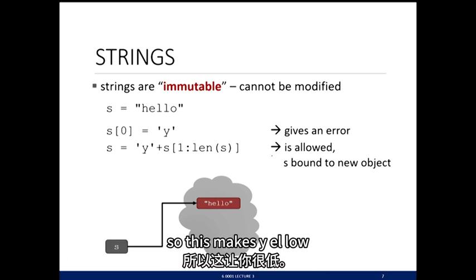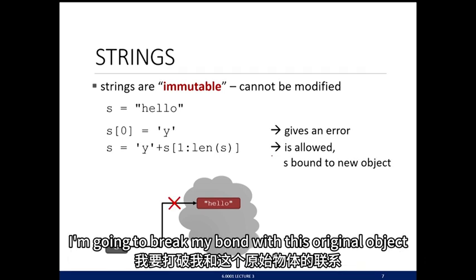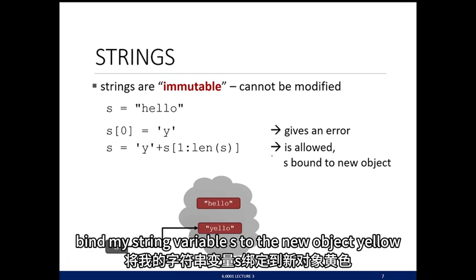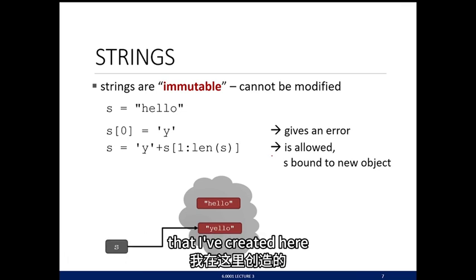So this makes yello. Now internally what happens when I write this line is Python says, okay, I'm going to break my bond with this original object hello. I'm going to bind my string variable s to the new object yello, and this other old object still is in memory somewhere, right? But it's an entirely different object that I've created here.